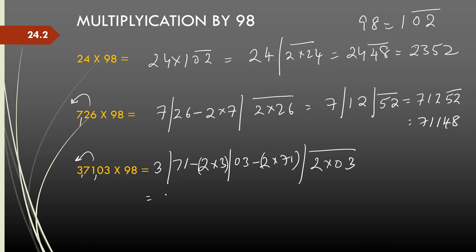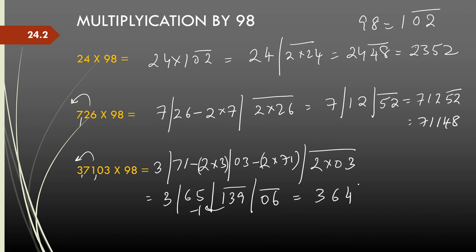So we calculate 3, then this part is 71 minus 6, which is 65, and then 3 minus 142, which is minus 139. Careful with the signs, and then minus 6. There is one extra minus 1 here, so this will pass. So this becomes 364 bar 3906. When we convert to normal, this will be 3636094. So that's the product of 37103 into 98.